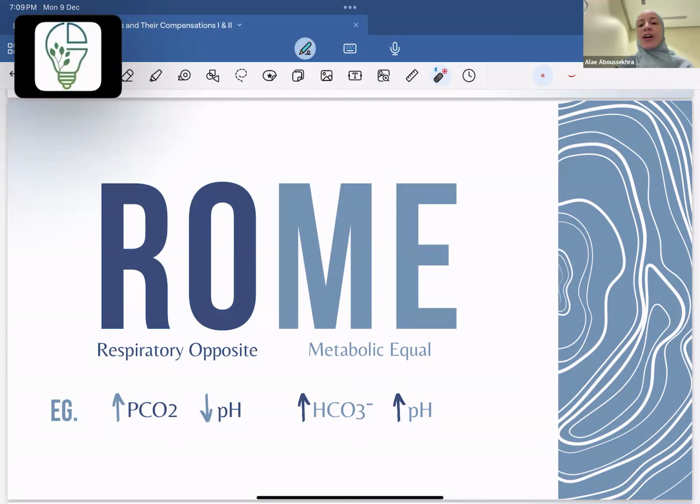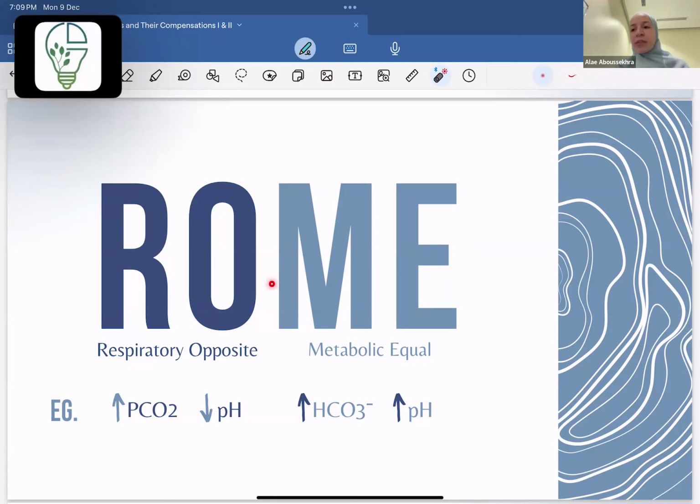So if we have an increased CO2, you're going to have a decrease in pH. Increase CO2, decrease pH, and obviously the other way around: if you have a decrease in CO2, you're going to increase pH.